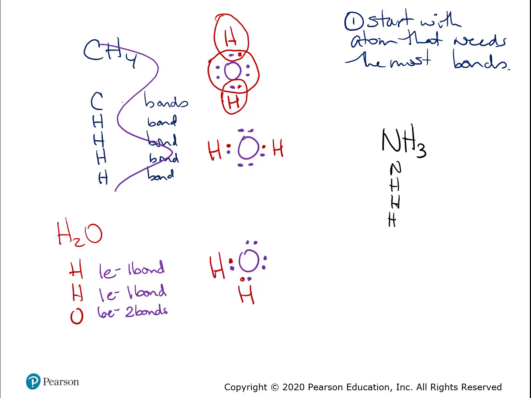So if I'm going to convert this to a Lewis structure, this would be that. All I'm doing is taking the shared pair out and changing it to a line. But notice in this, oxygen does have non-bonding pairs, so I keep them.